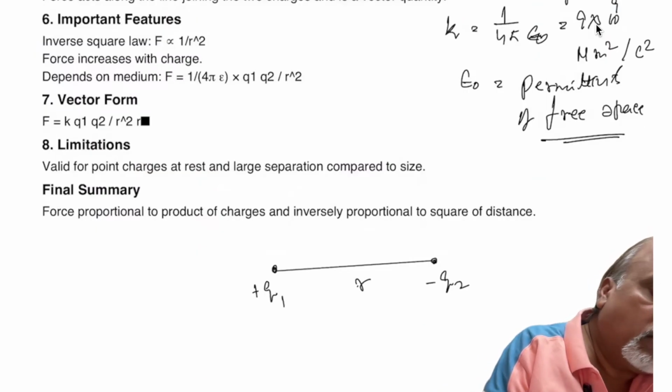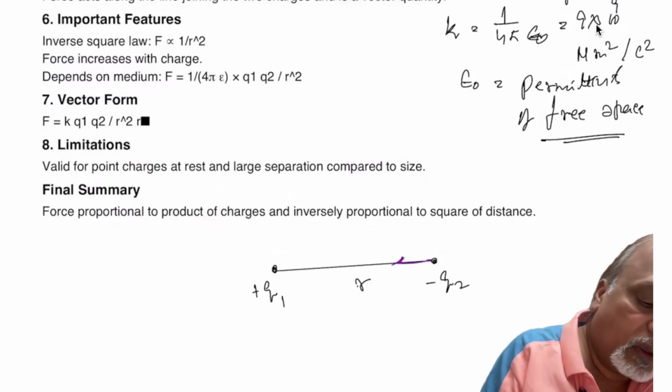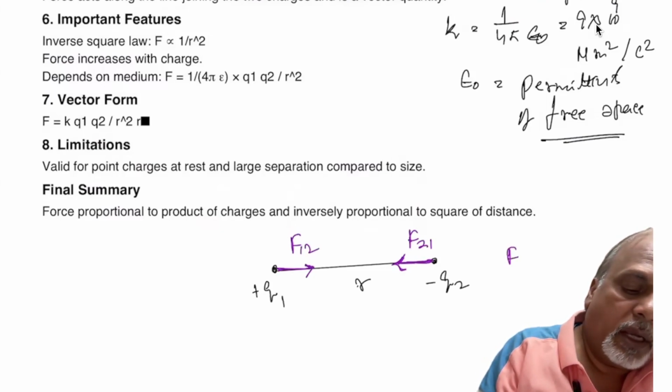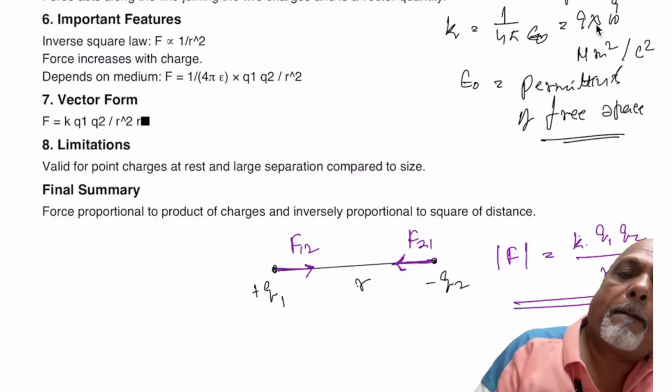Then of course they will attract each other, so the direction of the force will be like this. Again, these two forces will be equal and their value is nothing but K Q1 Q2 upon R square. Correct?